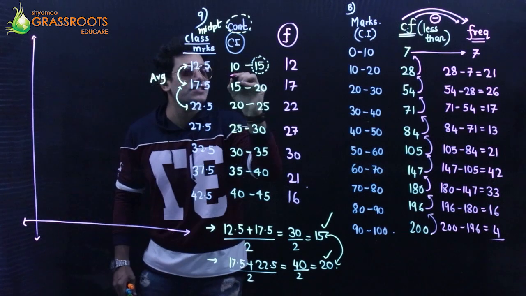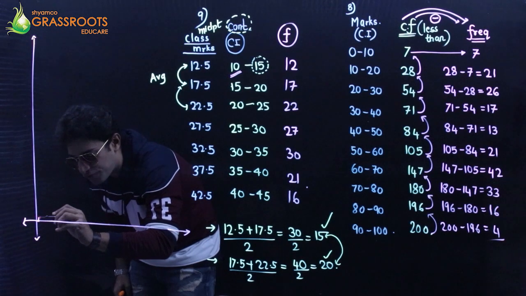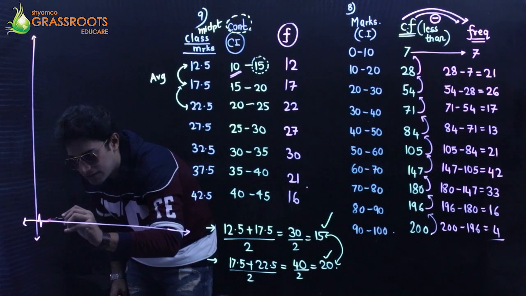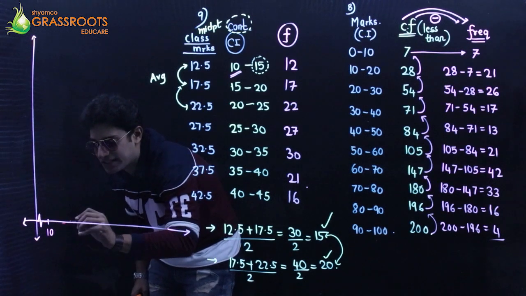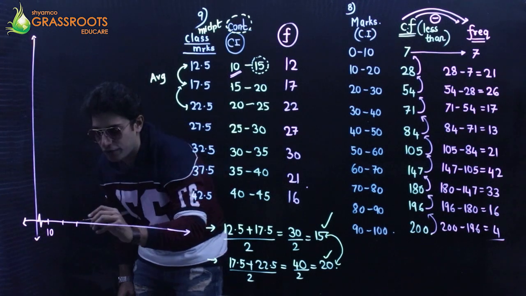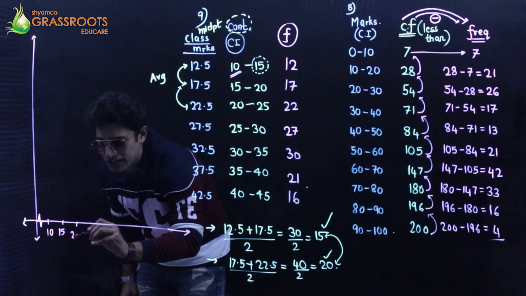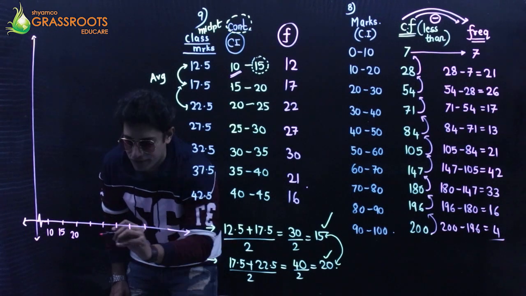The class interval starts from 10, not 0. So in the first box of 1 centimeter, we make a kink. The other boxes, we cut it loose, nothing to be done. It starts with 10, 15, 20, 25, 30, 35, 40, 45.